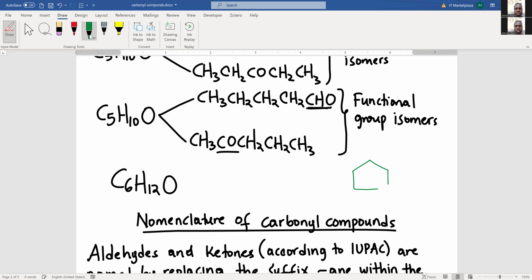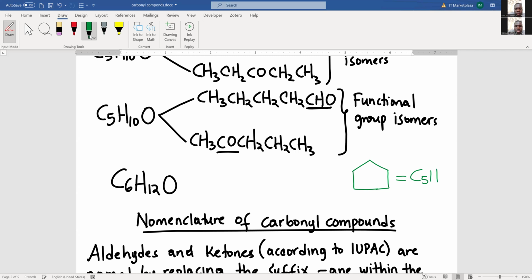This is cyclopentane, and at each corner there is a carbon atom, and also at each corner we have 2 hydrogens. But is this going to give me an isomer which I want? Let me explore and see.